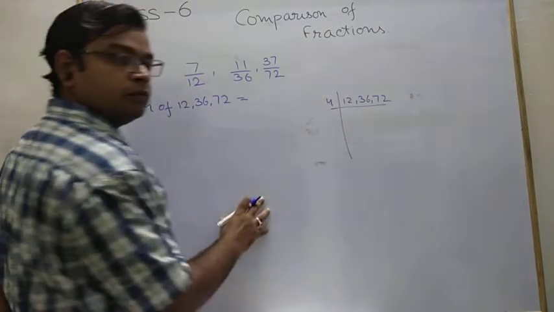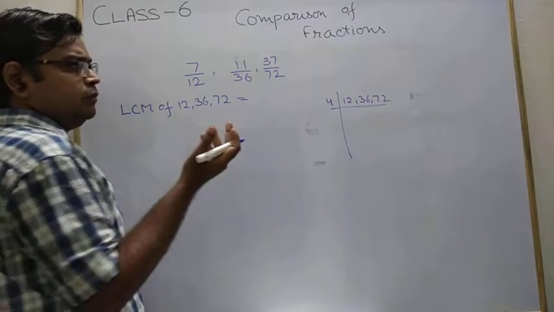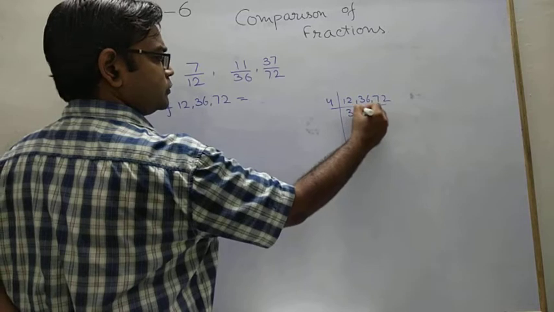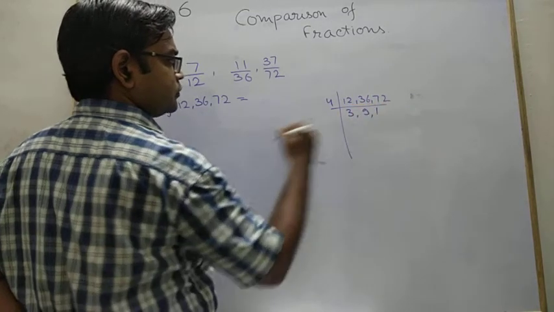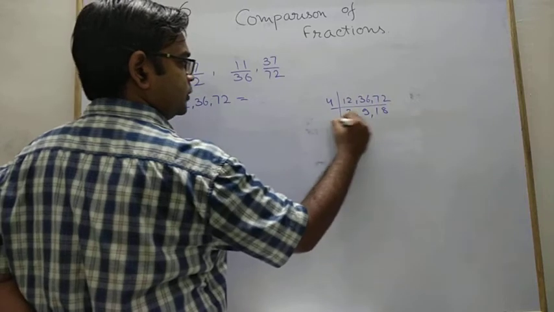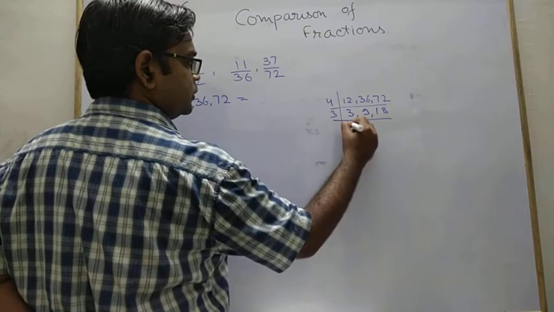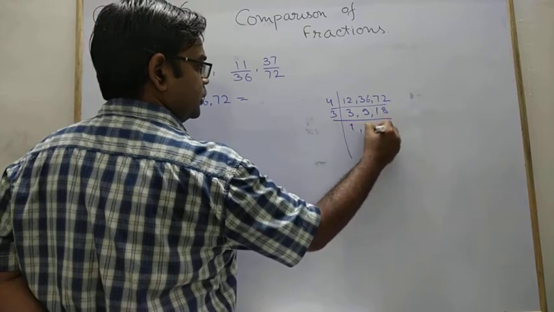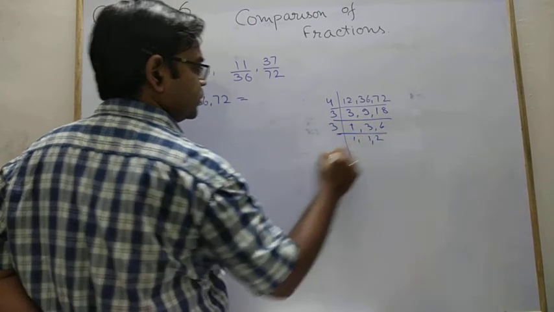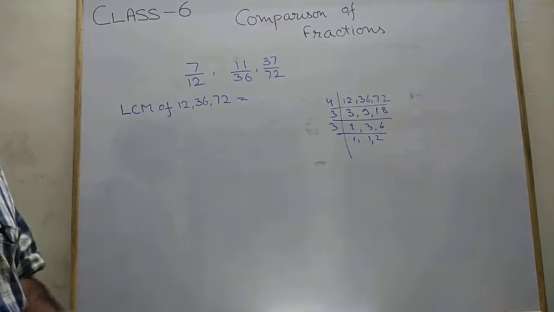I want to find out the LCM only, so we can use 3s: 4 3s, 4 9s, 4 1s, 18. Then we can use 3, 1, 3, 6. Then we can use 3, 1, 1, 2. So what is the LCM?